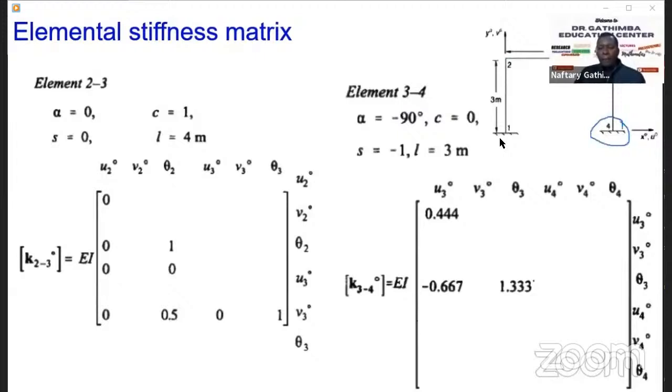Remember, this is the global scale. So we said these members will not stretch. But remember, why U is not equal to 0 here is because there is the sway. It's not the member stretching, it's the structure deforming.